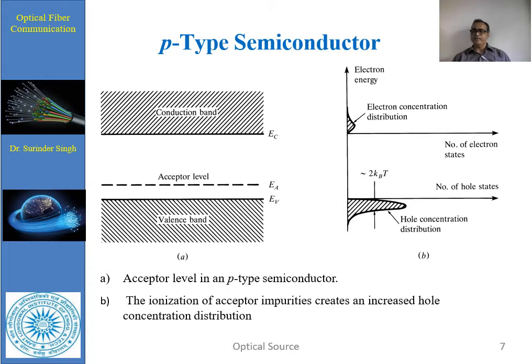This type of material is the p-type material, with the acceptor level just above the valence band, and ionization of the acceptor increases the hole concentration.